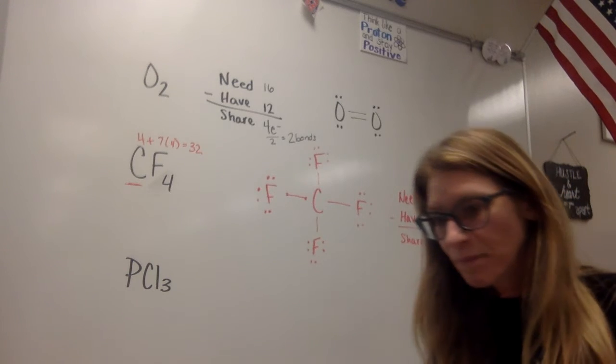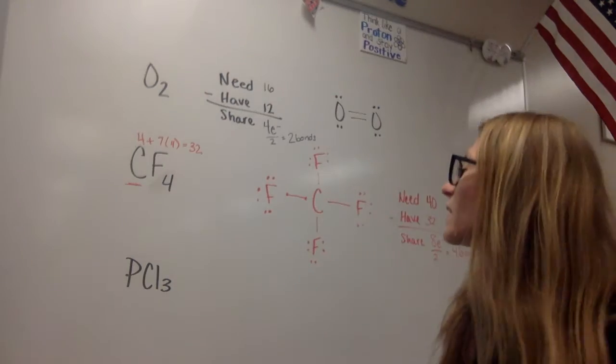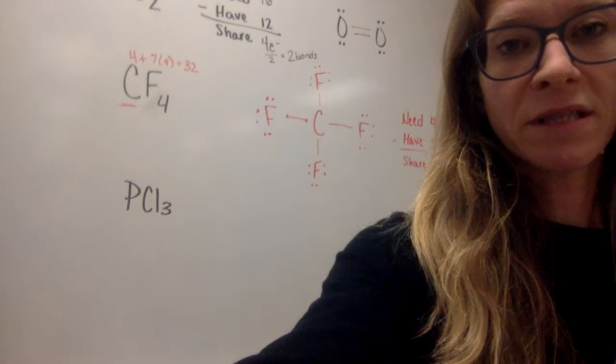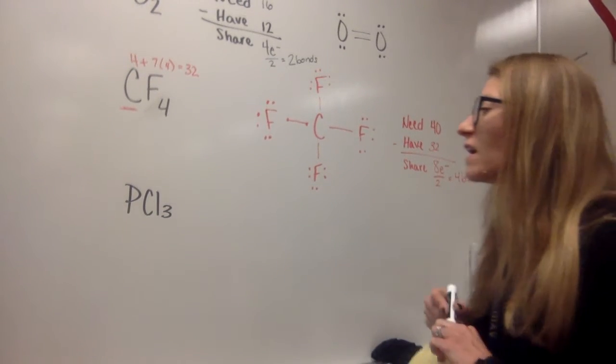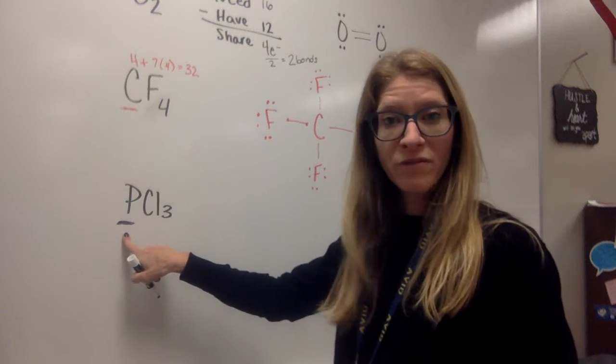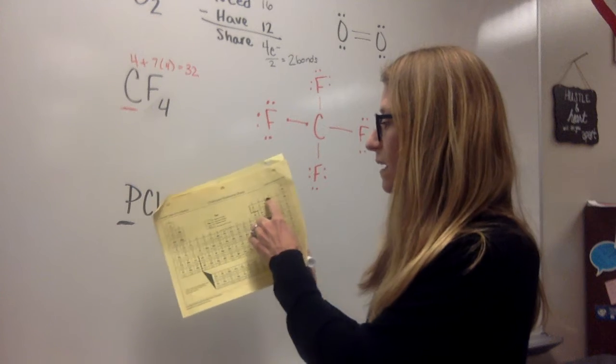All right, my last one. Again, I'm going to switch markers. The last one is PCl3. I'm going to move this down a little bit so you can see this bottom drawing. First you have to figure out your central atom. Central atom would be phosphorus because it is in group 5.